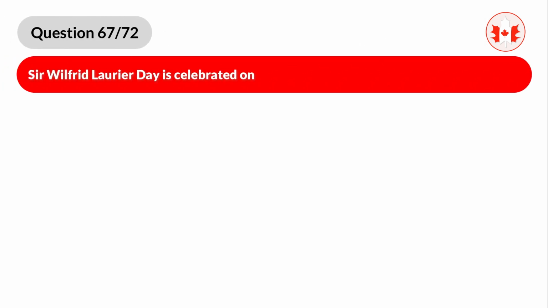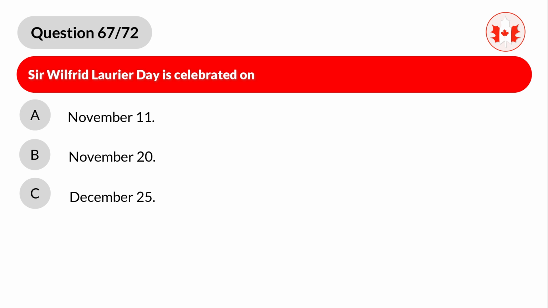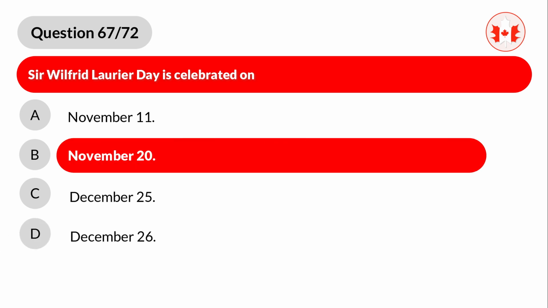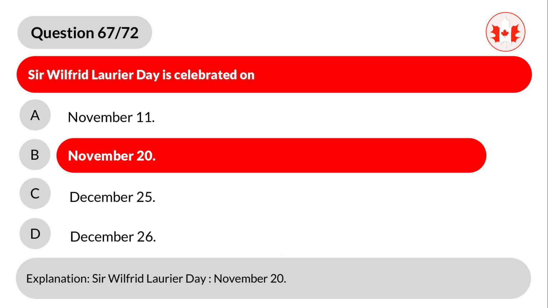Question 67. Sir Wilfrid Laurier Day is celebrated on A. November 11th. B. November 20th. C. December 25th. D. December 26th. The correct answer is B. November 20th. Explanation: Sir Wilfrid Laurier Day, November 20th.